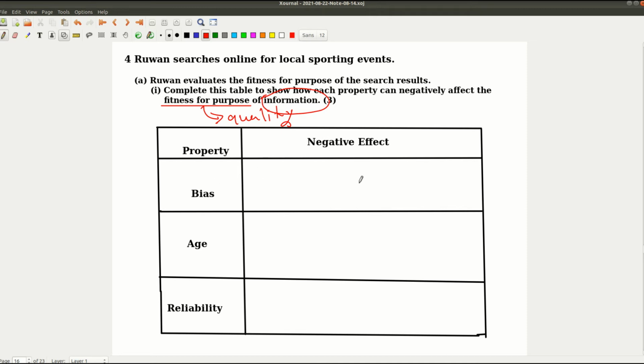Bias: suppose you are getting a sports event on the internet, they are showing that it will be starting on this date at a certain location. But what the bias is, the result may not have enough information. Maybe they don't say that you have to wear a certain type of dress for that sport.